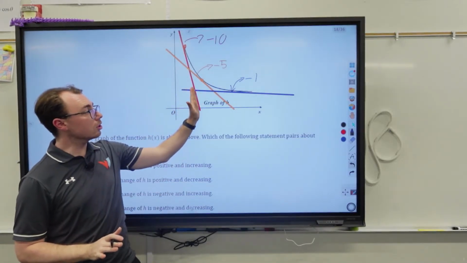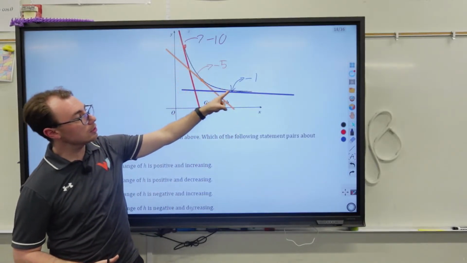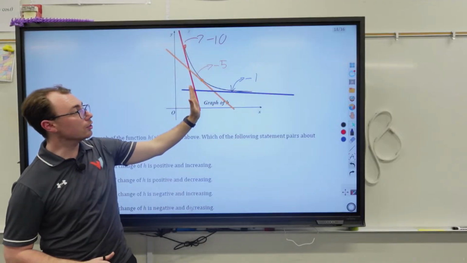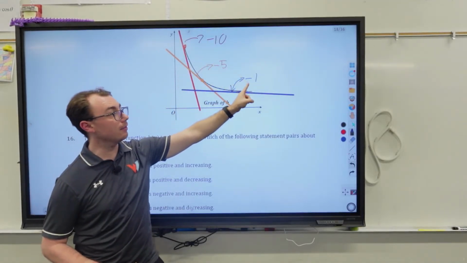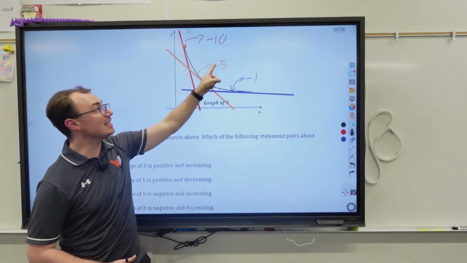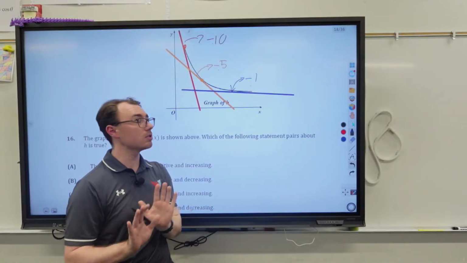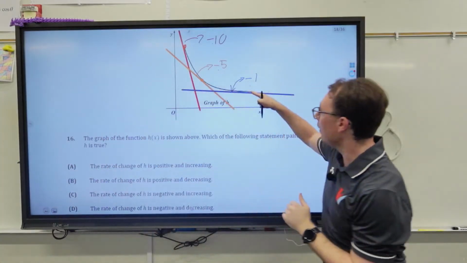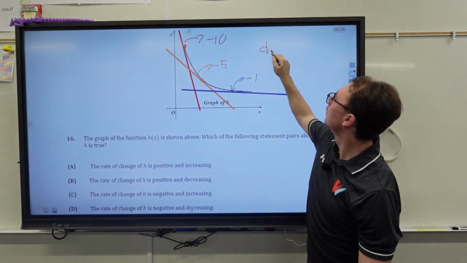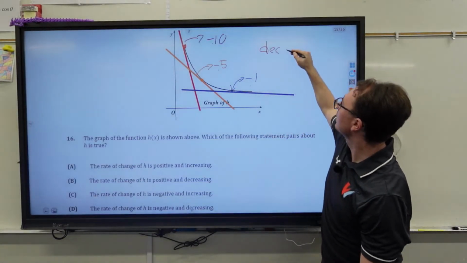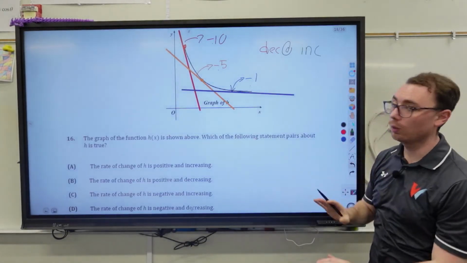So the slopes between each of these points, as these points go along the graph, the slopes themselves go from -10 to -5 to -1. This is increasing even though they're negative values. So we know that this graph here is decreasing at an increasing rate.